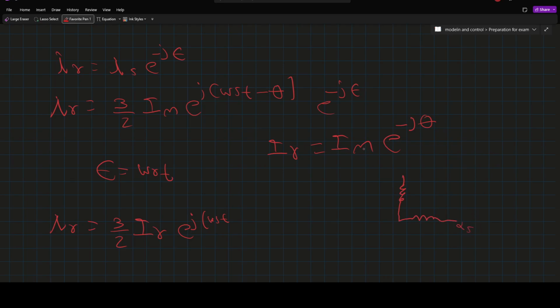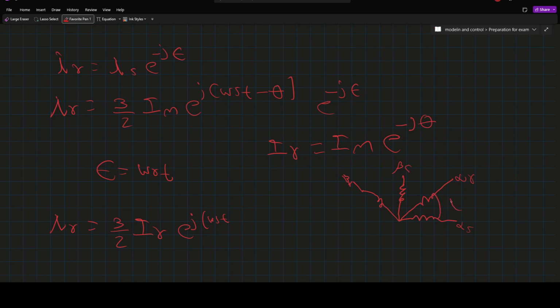So alpha s, beta s, and here we have our alpha beta component in our rotor. Well, I don't know why I'm drawing the inductors, but just as an illustration. So we have alpha in the rotor and beta in the rotor.